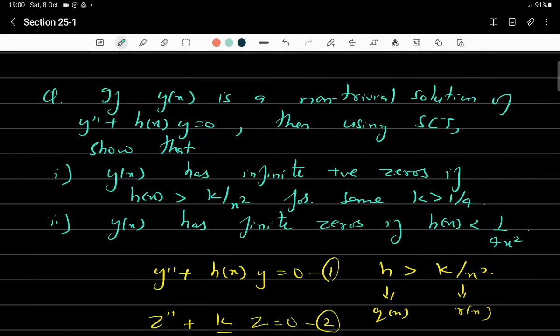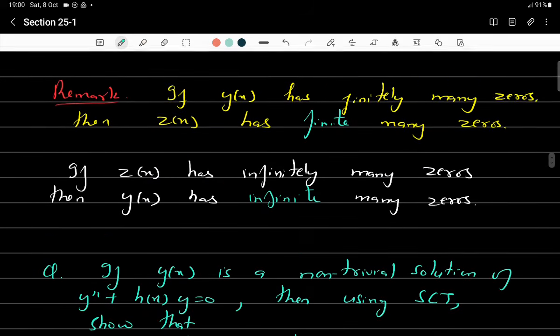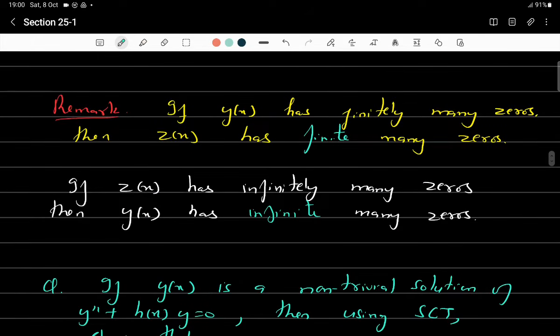The second case says that y(x) has finite zeros. So if you recall here, the first case helps us find that if y(x) has finitely many zeros, then z(x) has finitely many zeros. Now y and z are simply notation. What we need to remember is that y(x) means the non-trivial solution of equation 1, and z(x) means the non-trivial solution of equation 2.